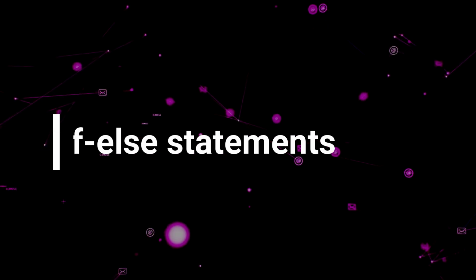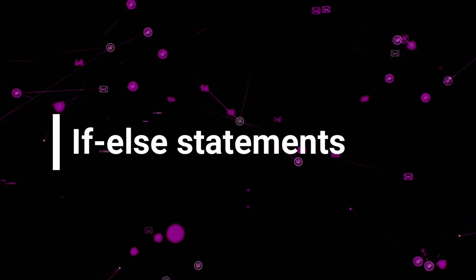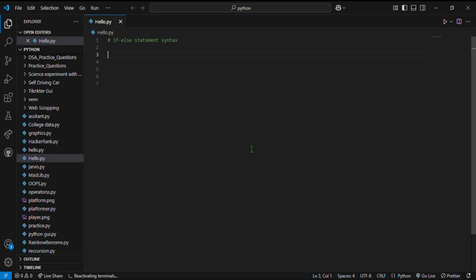Now the next one is the if else statement. Let's look at the example here. I have a variable age and I am assigning it 16. Now I am writing the conditional statement: if age is greater than or equal to 18, inside the if, print you can vote. Now if that condition is not true, what would happen? If the condition is false, the block in the else part runs.